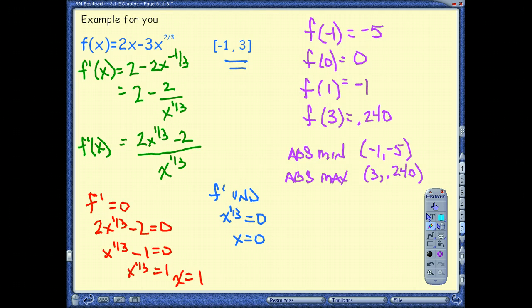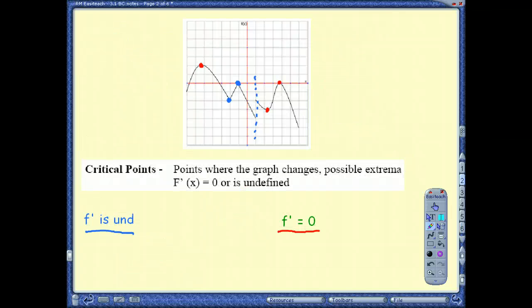Okay. So that time we had an extrema that came from where our derivative is undefined. Now the reason why that is, where you're undefined, remember you have a corner, cusp, discontinuity, and a vertical tangent.